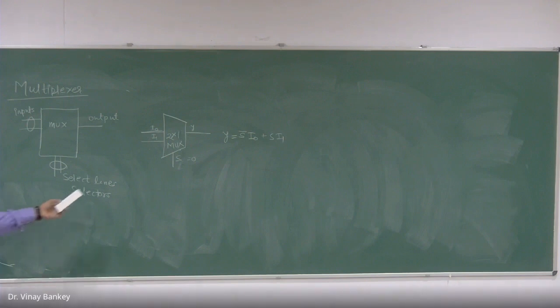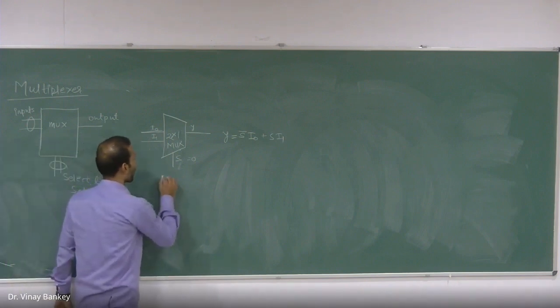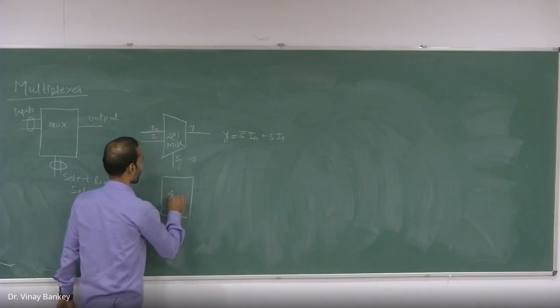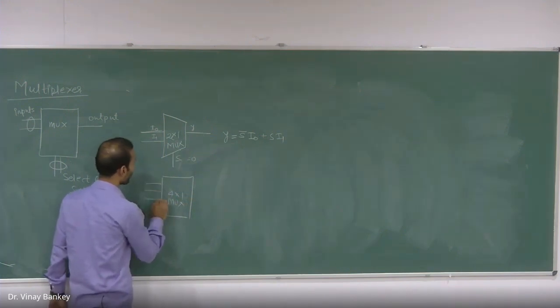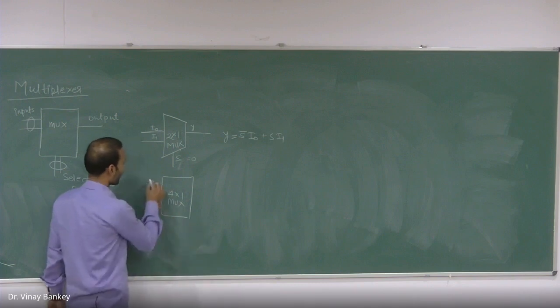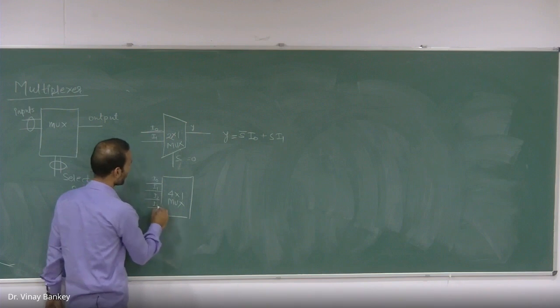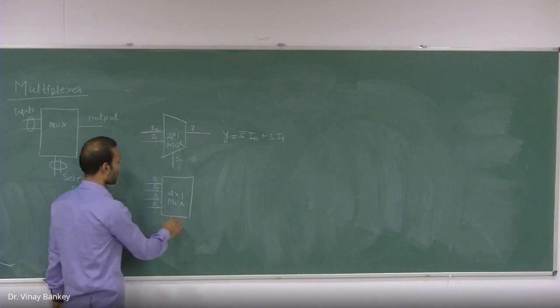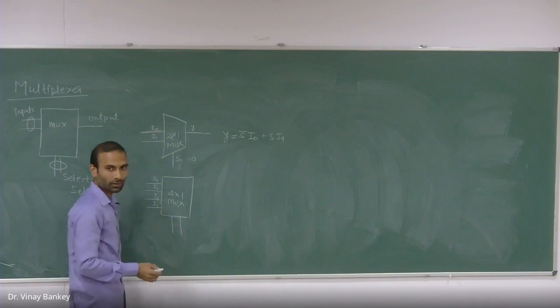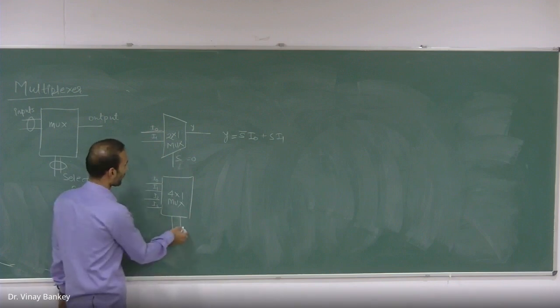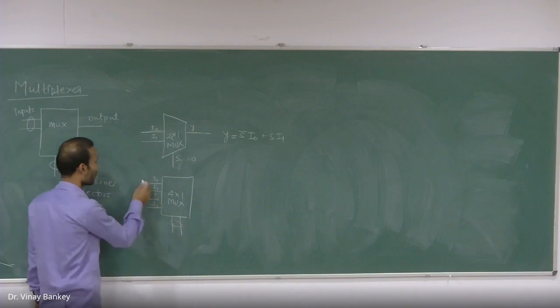In a similar way, we have the 4x1 MUX. Here you have 4 inputs: I0, I1, I2, and I3. To select among these 4 inputs, we need a few selection lines. These selection lines are related to the number of inputs.